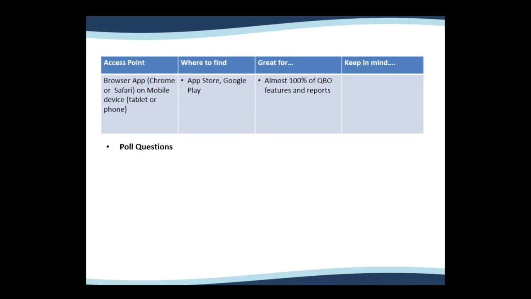Also, I think as accounting professionals, we should let them know about these different options. A lot of them may not realize that they can use their phone when they're out in the field to do things. This will help you so you don't get receipts that are lost and they're not turning them in, because they usually always have their phone with them.